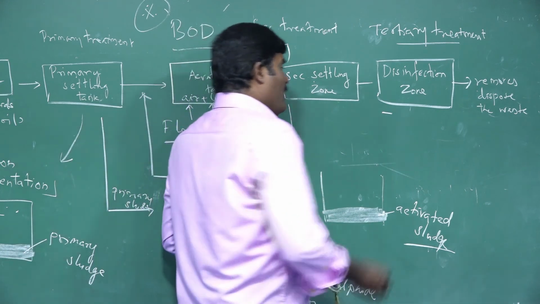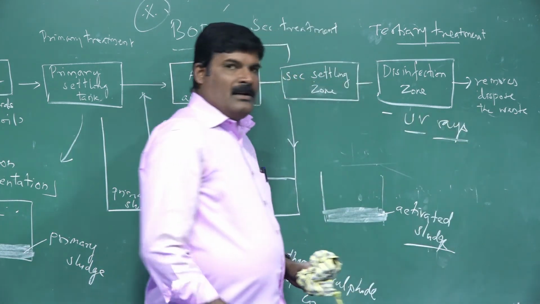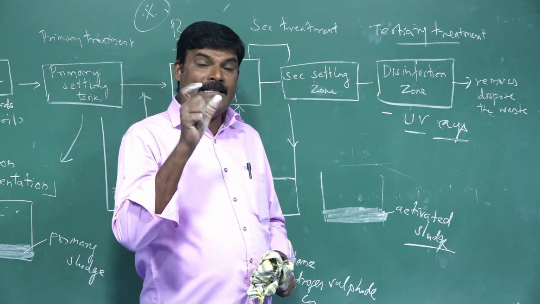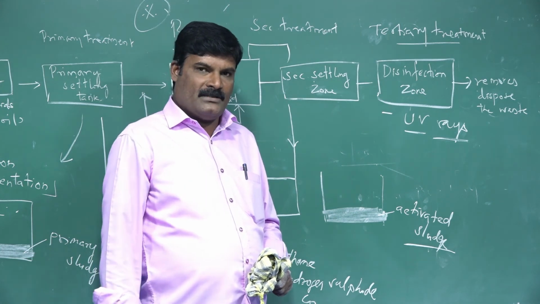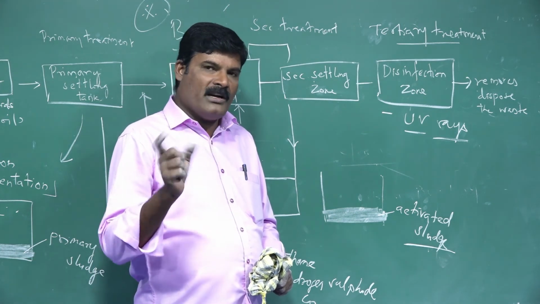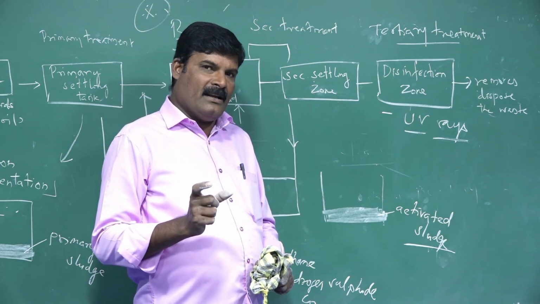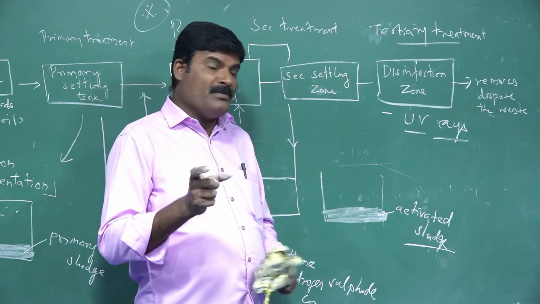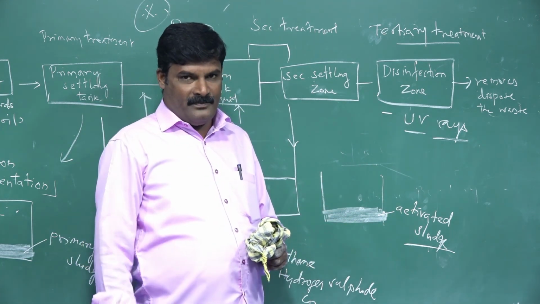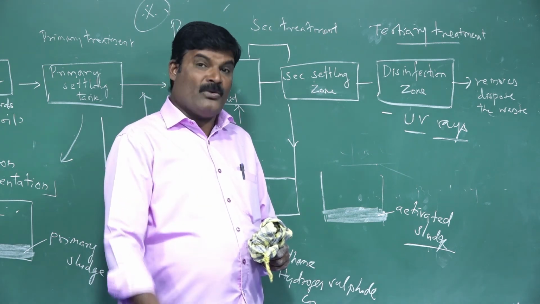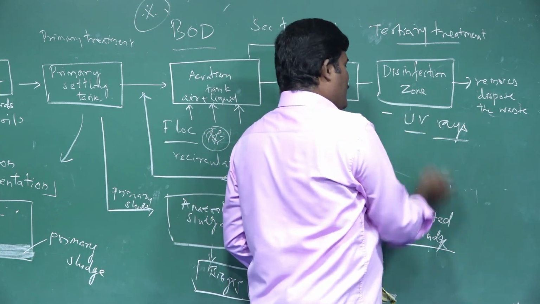During this process, UV rays are used. UV rays are an ideal disinfectant source. It is a chemical-free source and does not alter the water quality. It is essential because it is an alternative to the chlorination of water. The chlorinating system is one of the traditional processes, but it is being replaced by UV rays.